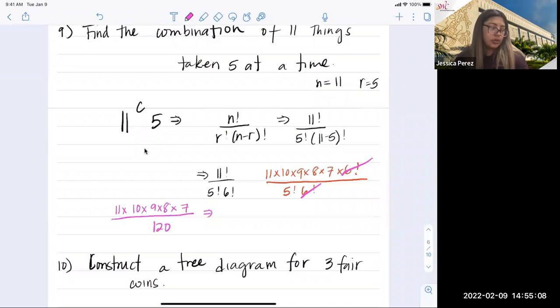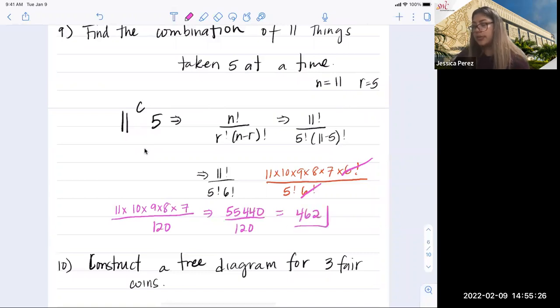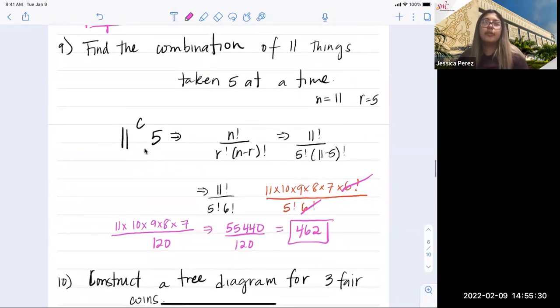So I'm going to go ahead and do 11 times 10 times 9 times 8 times 7. That gives me 55,440 divided by 120, which was my 5 factorial. And that gives me 462 choices. So that is the combination of 11 things taken 5 at a time.